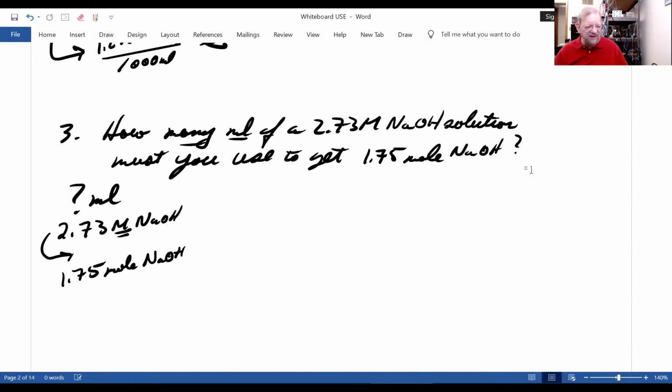Oh, look, capital M. That means molarity, moles per 1,000 milliliters. So what this really means is 2.73 moles NaOH per 1,000 milliliters. And you should know how to do that. So what's the main number we have to start with? This, 1.75 moles of NaOH.